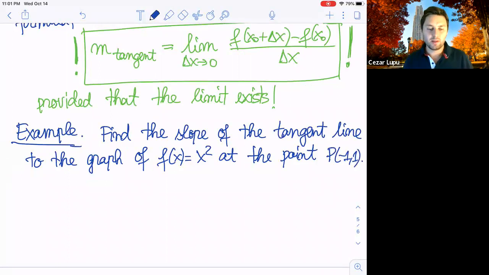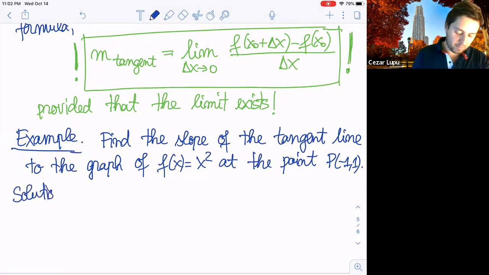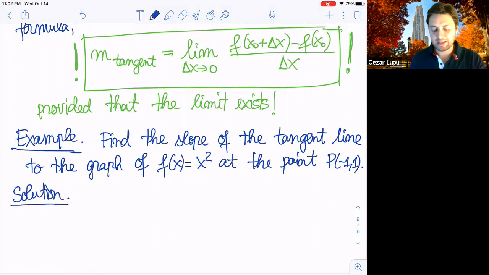So I will be interested in this. Well, this is plain and simple. It's quite clear that what we have to do is just plug in the numbers into the above formula.